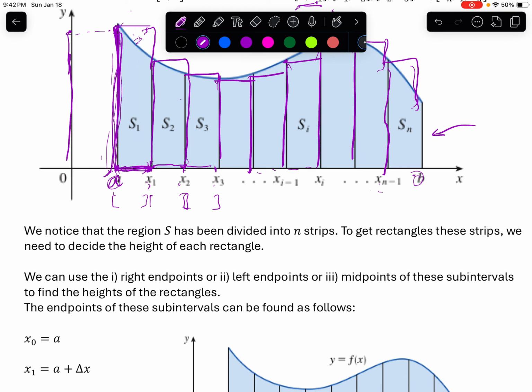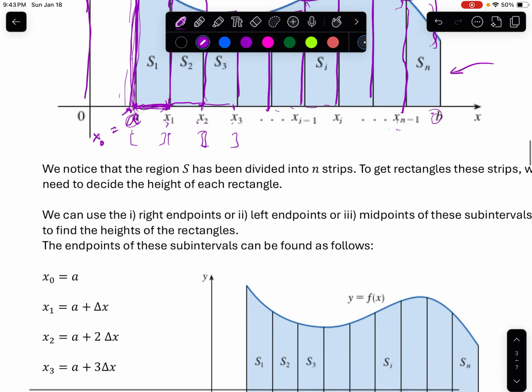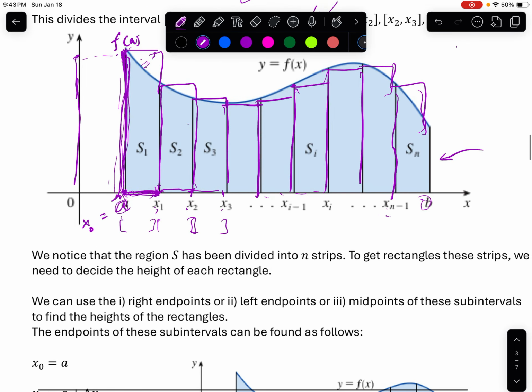We drew this vertical line at x equals a, which is also denoted by x sub 0. So what we have to do is find the value of the function at x sub 0, or at a. That will be the height of the first rectangle. Just to be consistent with the other tick marks, we take a to be x naught and b is taken as x sub n.